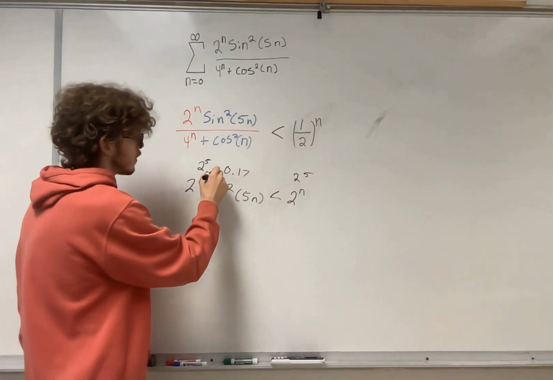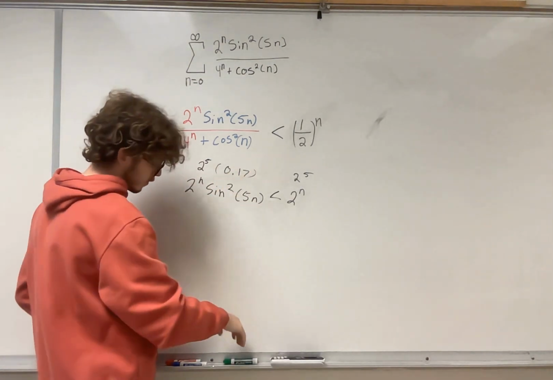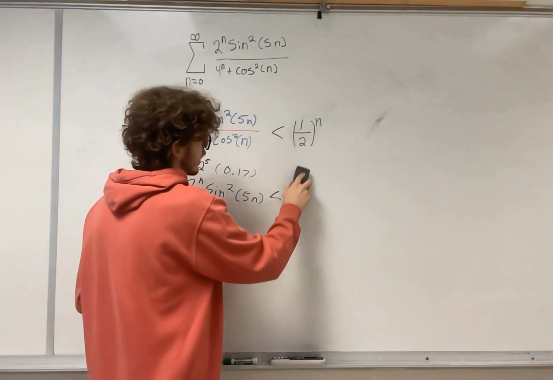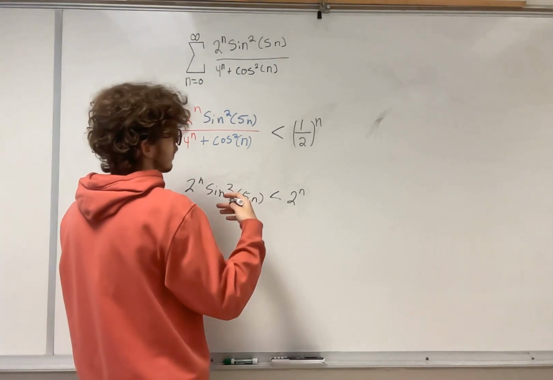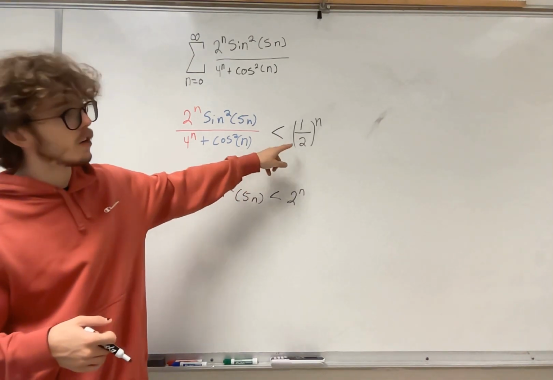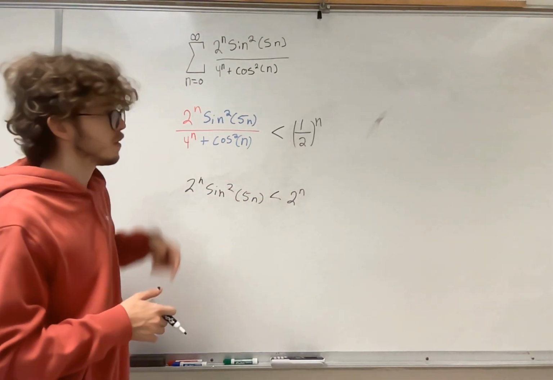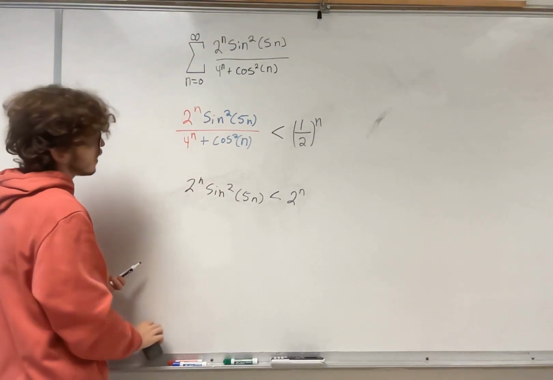Notice this value is greater than this value. I don't feel like showing any more than I have to, but just to make the point clear, this is going to be a greater series than this one. And we derived that because we saw that part here.